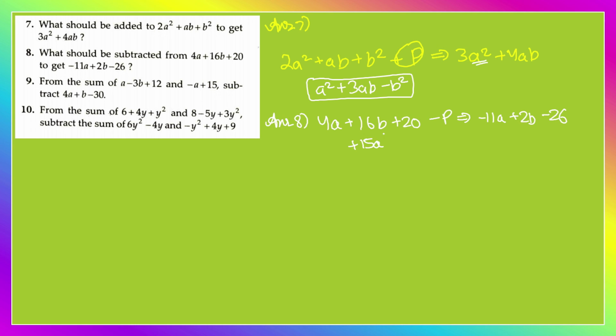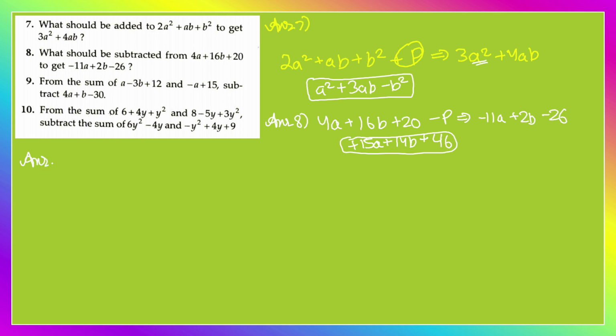Now for plus 16b, and I get plus 2b, I'm going to subtract here plus 14b, so that I get plus 2b. Now for plus 20 to become minus 26, I'm going to subtract it with 46. And like this I'm going to get the answer. And this is the answer. I've done it mentally, but you have to do it by writing only.